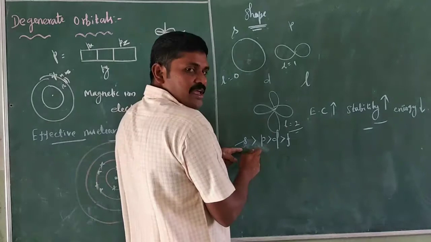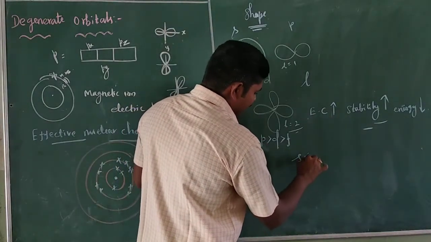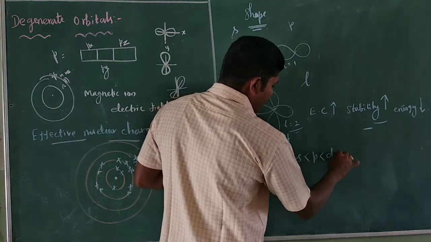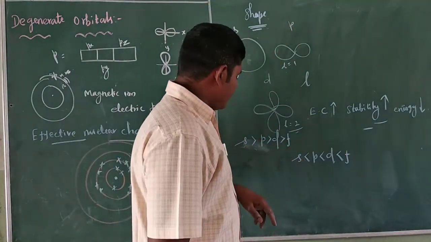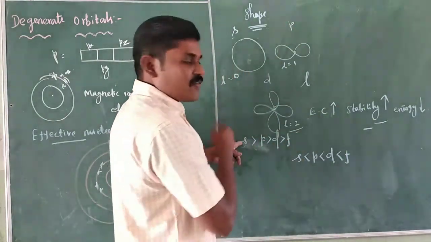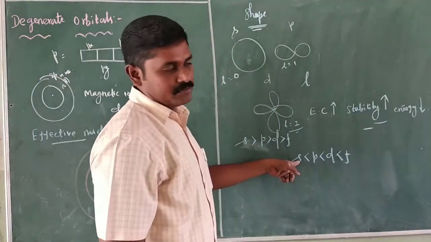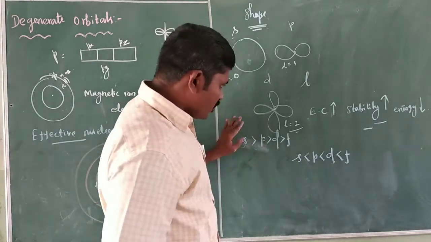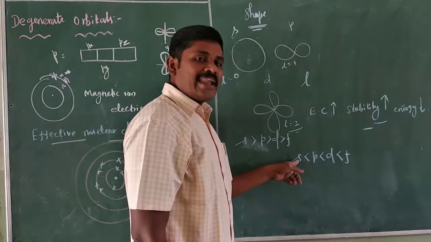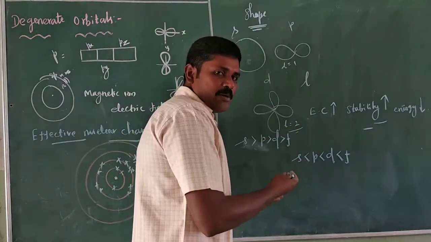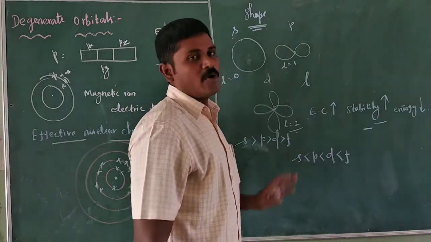The order of energy in the same orbit is s less than p less than d less than f. The greater the effective nuclear charge, the greater the stability, and the energy decreases. More stable, less energy. Less stable, more energy in the orbital.